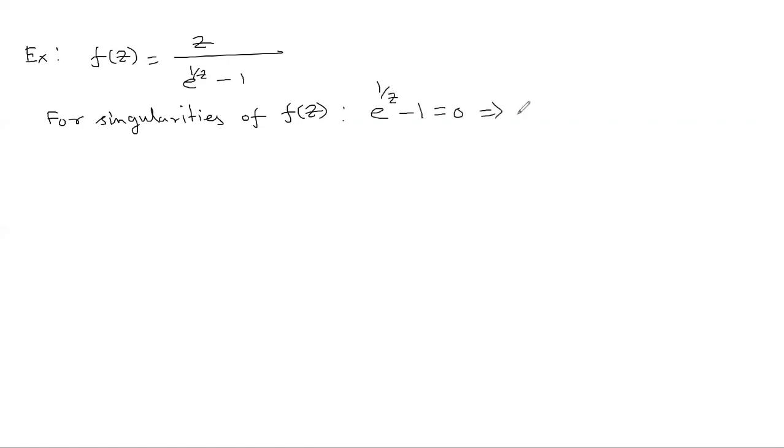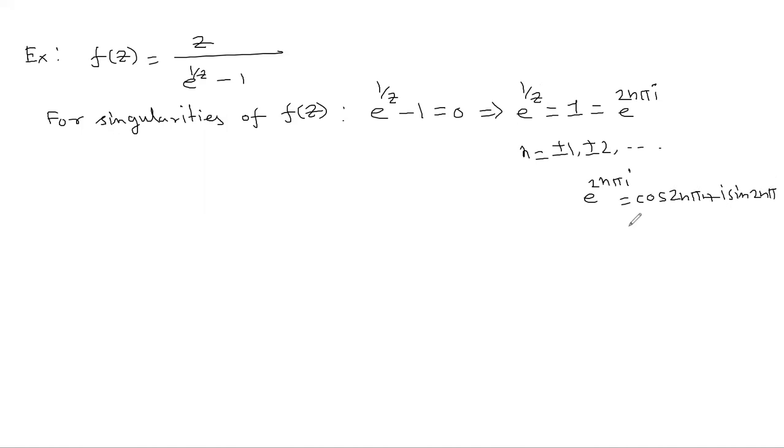So from here we can write e power 1 by z equal to e power 2n pi i for n equal to plus minus 1, plus minus 2, etc. That is due to Euler, we have e power 2n pi i equal to cos 2n pi plus i sin 2n pi, which is equal to 1 plus i times 0, that is equal to 1.